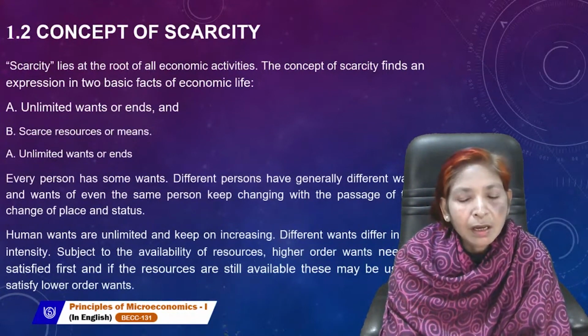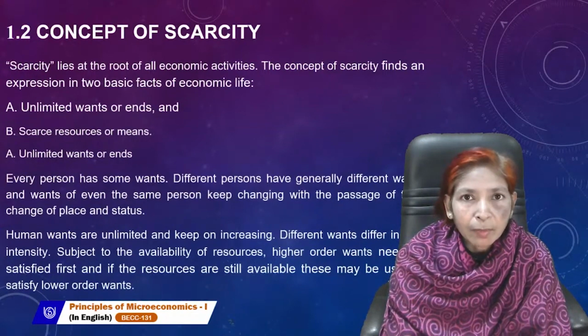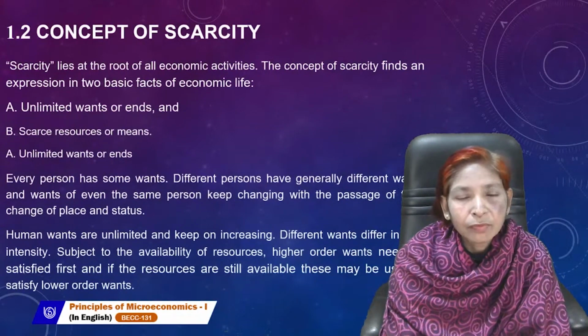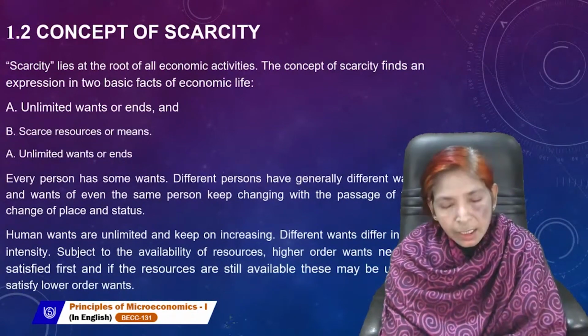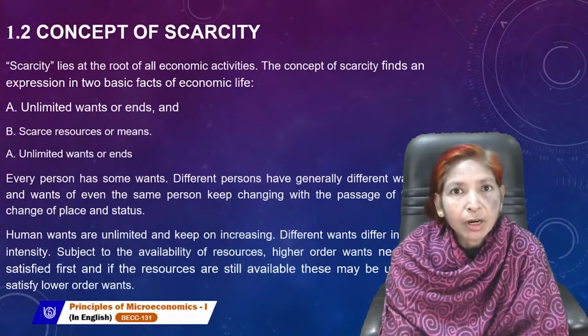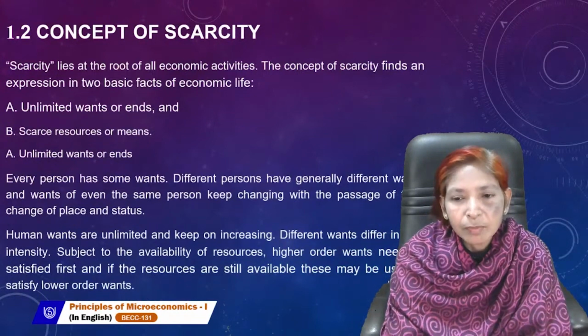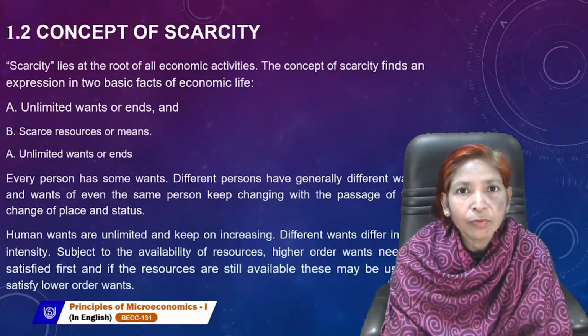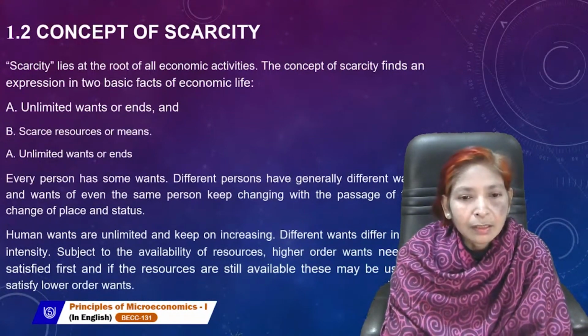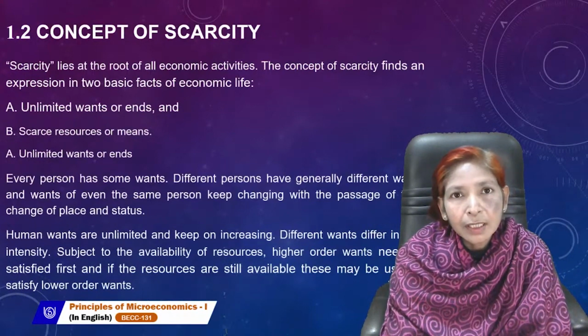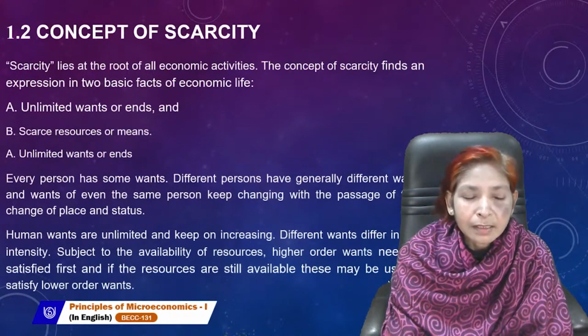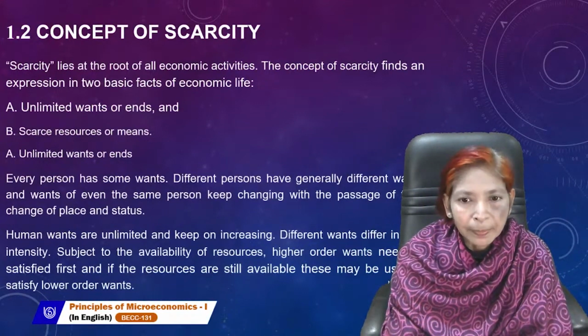Different wants differ in their intensity. Intensity means which want I give priority to. Priority means if I give preference to my want, the intensity of the want is higher, and if I give less preference to a want, then the intensity will be less.